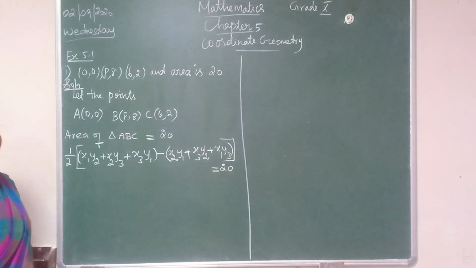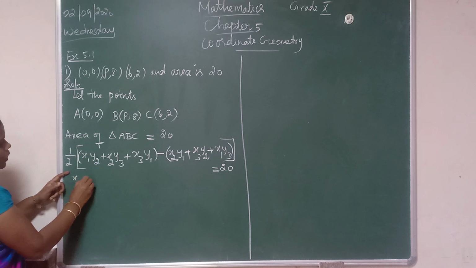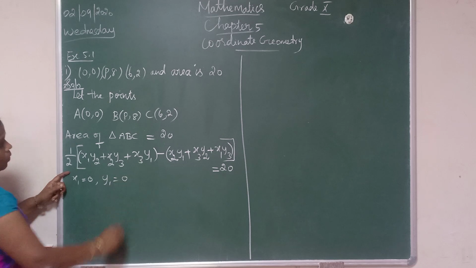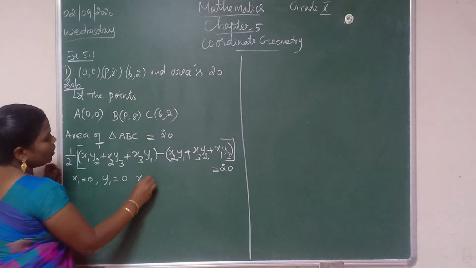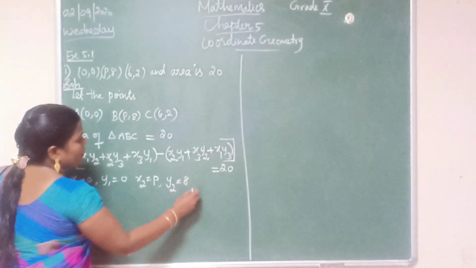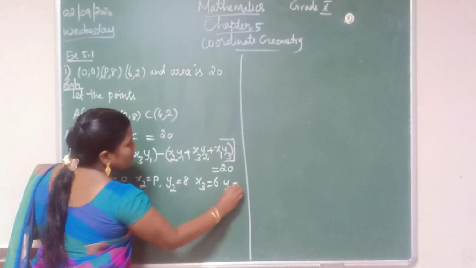Then let's write the values separately. A of (0, 0) means x1 equals 0 and y1 equals 0. x2 is equal to P and y2 is equal to 8. x3 equals 6 and y3 is equal to 2.